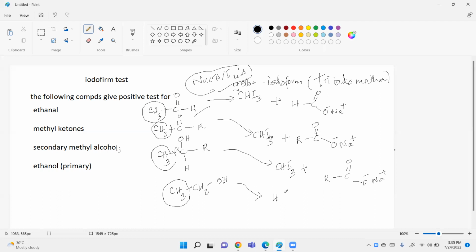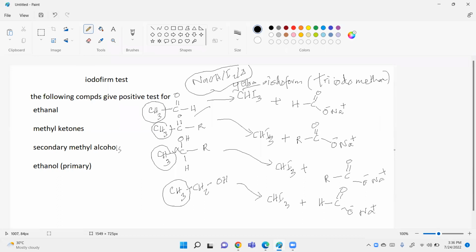Only one carbon remains when the CH3 part goes out: CHI3 plus HCOO minus Na plus.